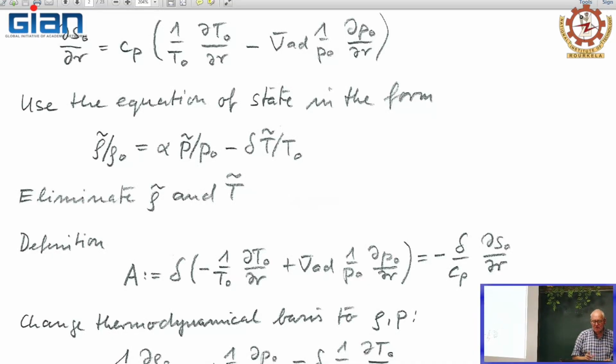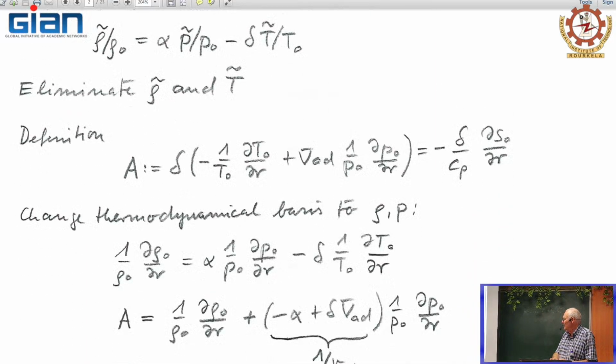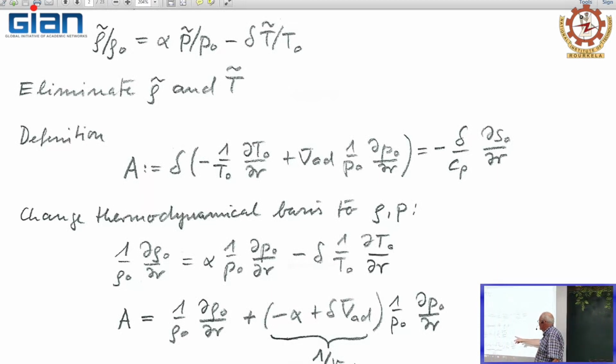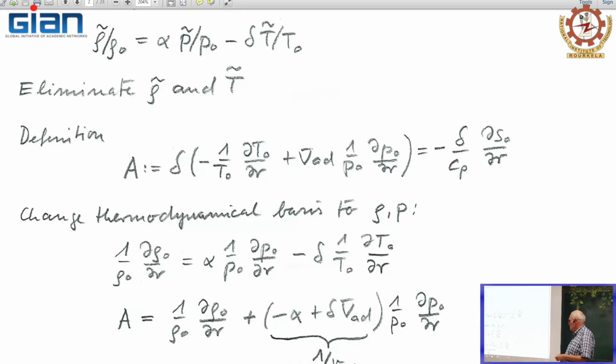Now in this expression, we change the thermodynamic basis from temperature and pressure to density and pressure by means of the equation of state. The relative gradient of the density is expressed by the equation of state in terms of the relative gradient of pressure times the coefficient alpha minus delta times the relative gradient of the temperature.